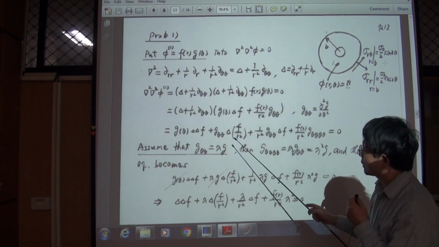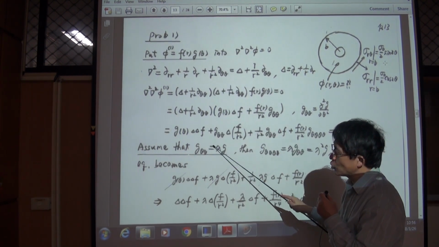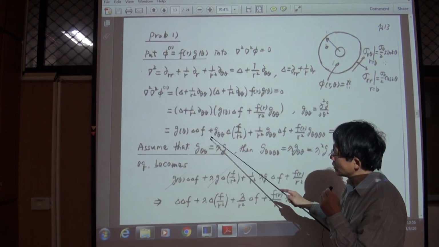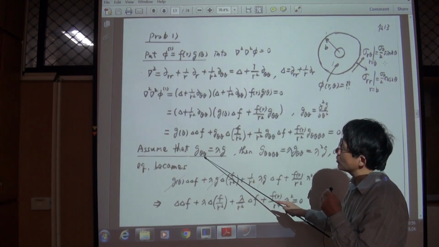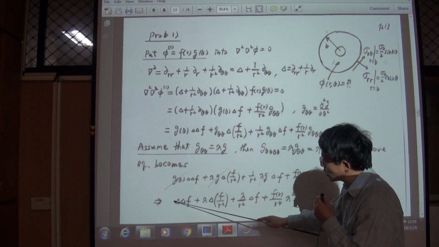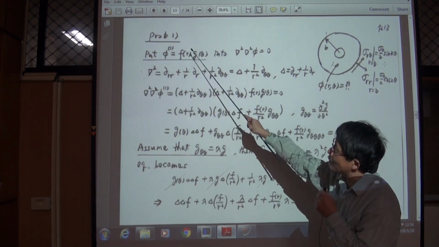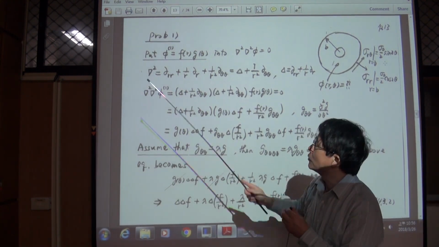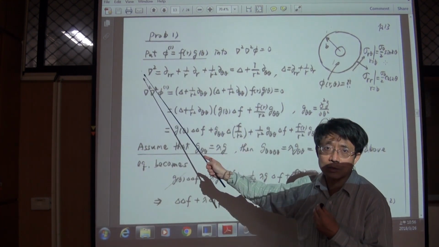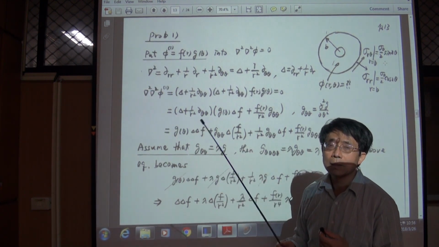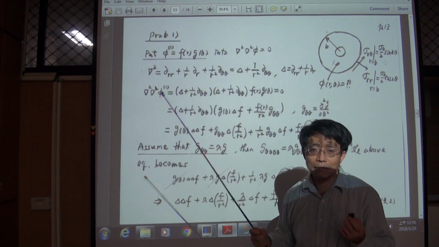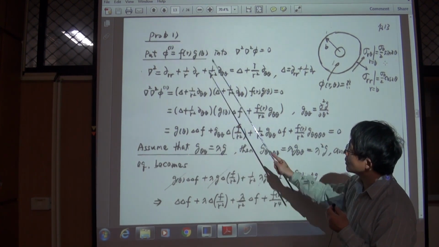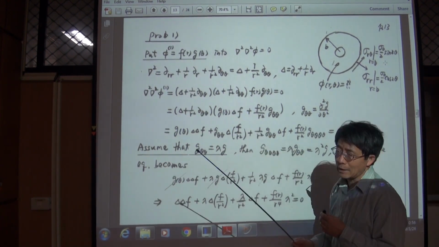We already have the governing equation for G and the governing equation for F. If we can solve this equation to get g, and this equation to get f, then we get the stress function phi bracket 1. If we get the stress function, we can get the stress, then strain, and then displacement, everything. So this is the key point.